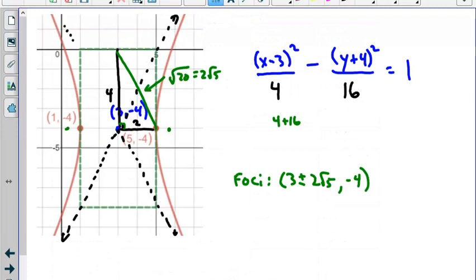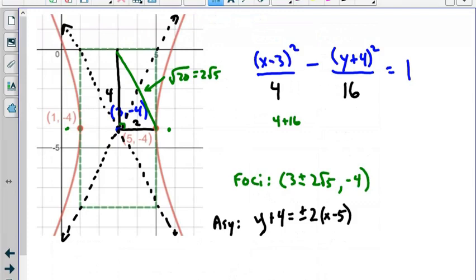And I'll see if I can do this with my left hand, since I can't even walk that far without the microphone falling off. So our asymptotes would have the equation y plus 4 equals plus or minus 2 times x minus 5. So our slope, obviously, we have two different possibilities, since there are two different asymptotes that govern how far the hyperbola can go.